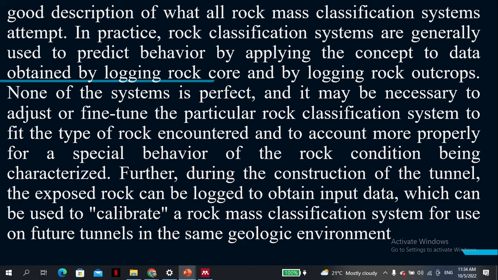So what we are saying is that we've seen a lot of factors affect the behavior of rock, and we are trying to find a simple, direct, or uniform way so that there is a common basis for understanding. However, they are not perfect. There are some things that are difficult to cater for. So these are, we can say, work in progress. It is based on experience.